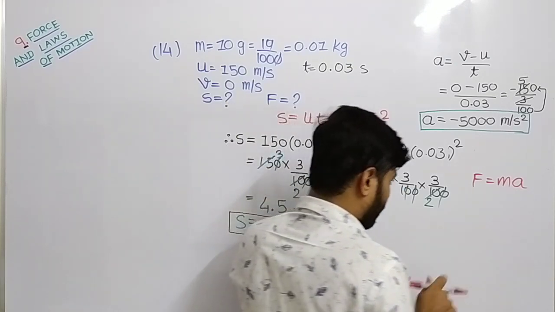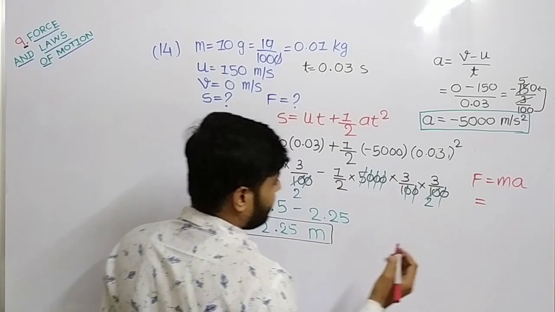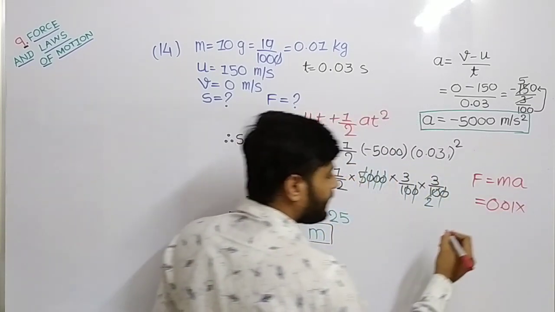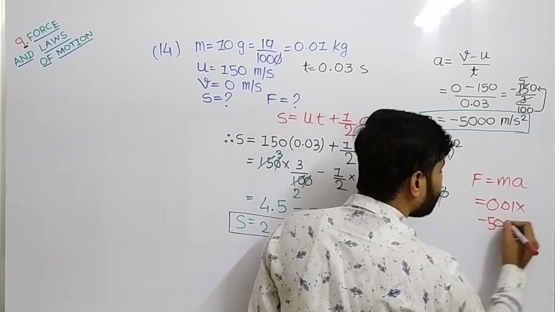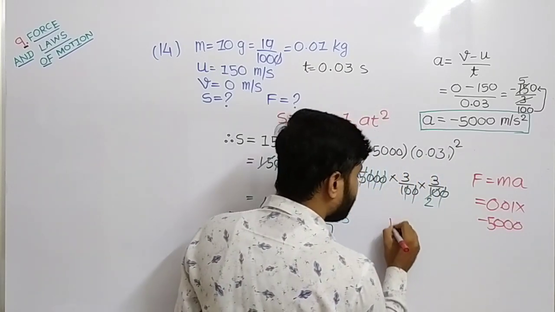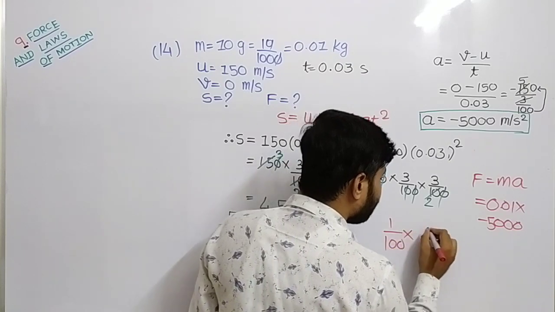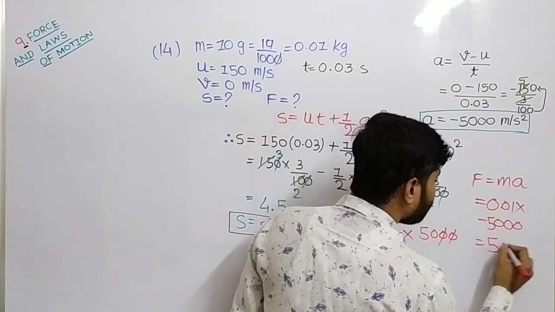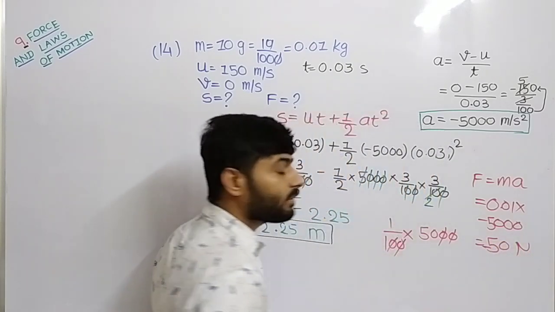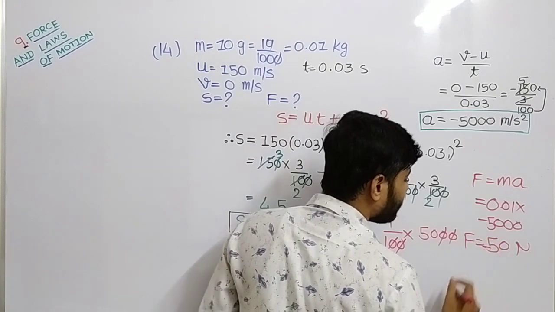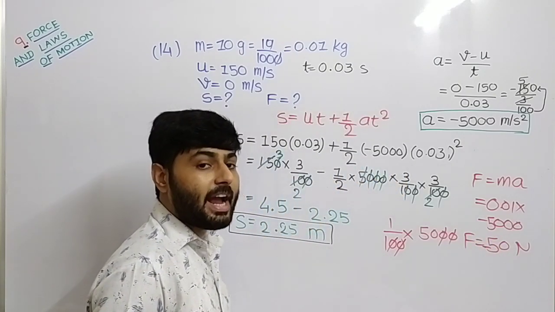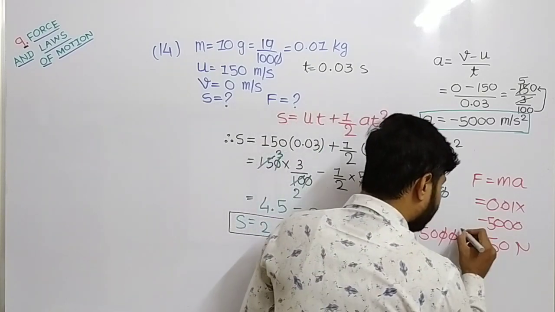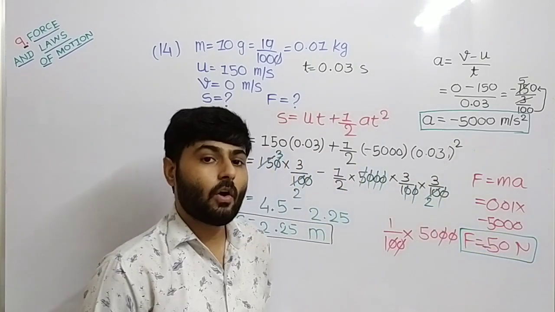The mass of the bullet is 0.01 multiplied by acceleration, minus 5000. So I have 1 divided by 100 into 5000. So I have 50 Newton, minus 50 Newton as the force exerted by the bullet on the wooden block. So same magnitude but in opposite direction.